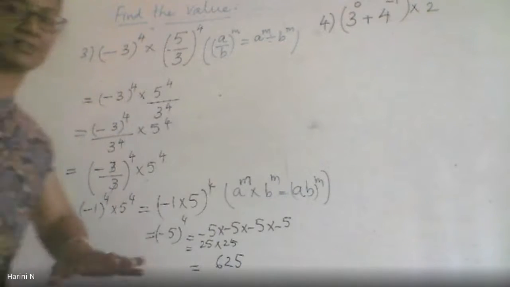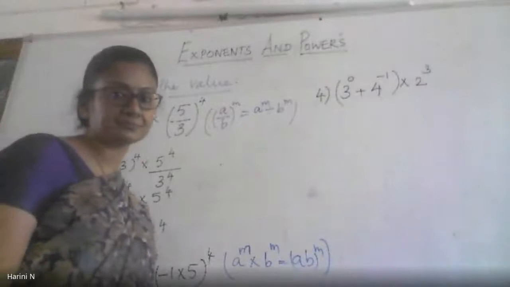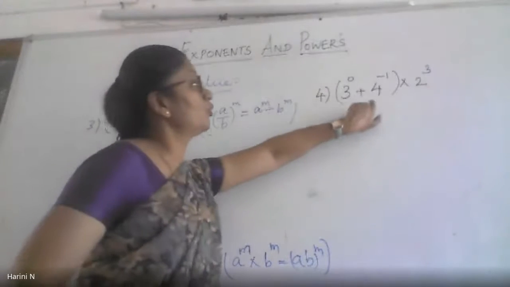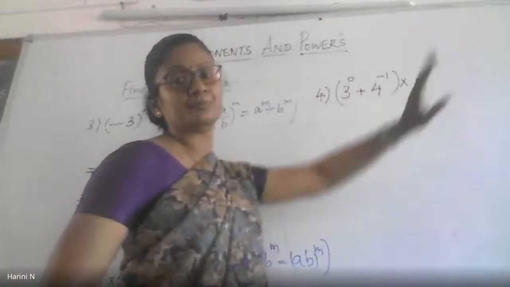This is the problem given to me. Can you see the problem? Yes, ma'am. 3 to the power 0 plus 4 to the power negative 1 into 2 cube.